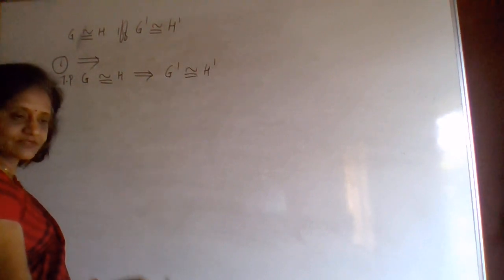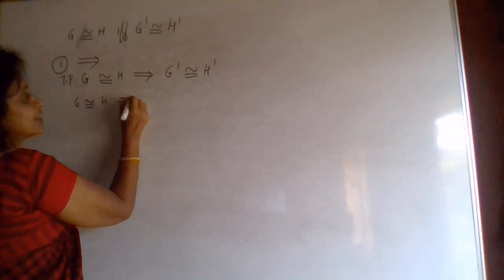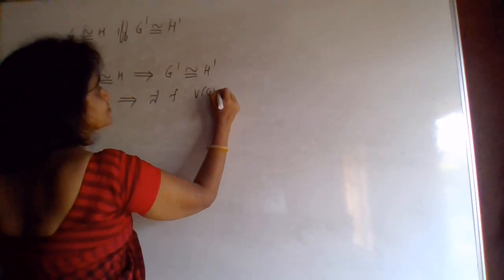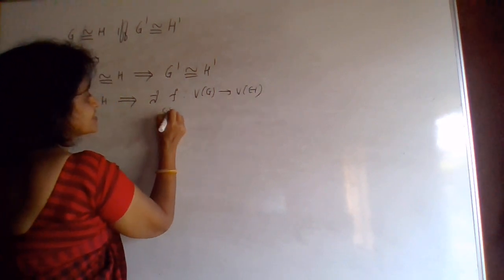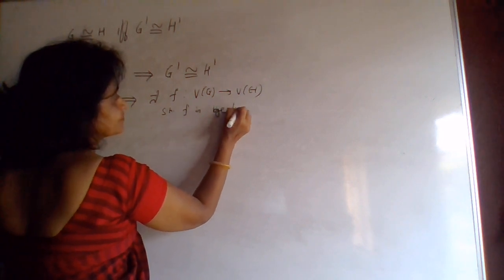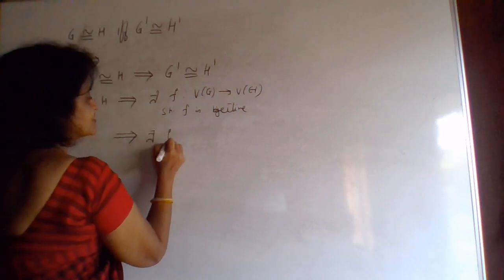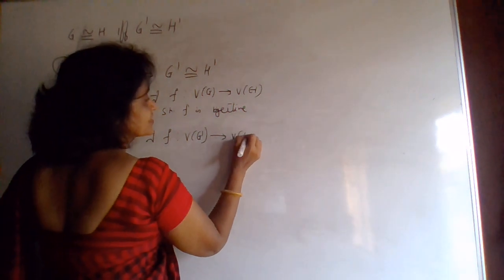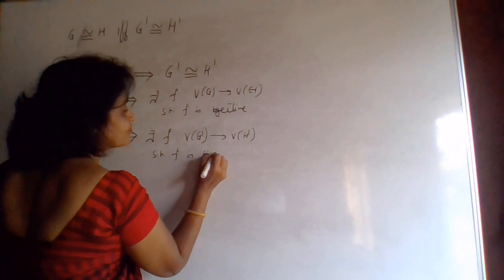So obviously we have such a function. G isomorphic to H implies there exists f from the vertex set of G to the vertex set of H such that f is bijective. And this gives me there exists f from the vertex set of G dash to the vertex set of H dash such that f is bijective.